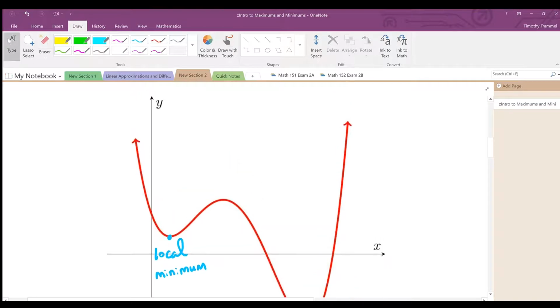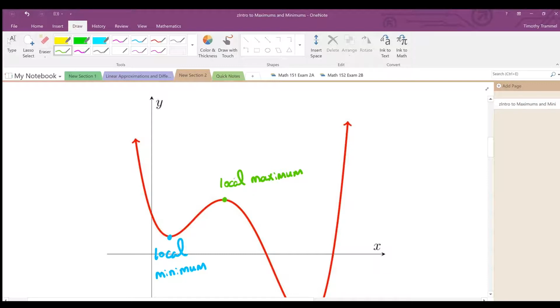And then lastly, we have some maximums to think about. You can see we have a point here that is a local maximum. Right? It's larger than all the points around it. Nearby. Okay.